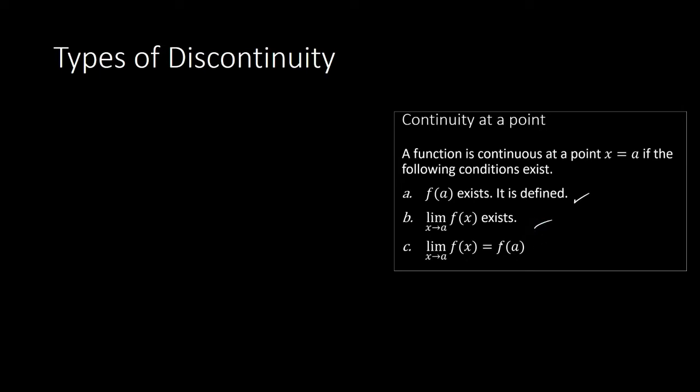The limit of your function exists as x approaches a. And to establish the existence of a limit, you must look into the one-sided limits. Are the one-sided limits equal? If they are equal, the limit exists. And if the limit of your function as x approaches a is equal to f of a, then what you have there is a function that is continuous at that point.